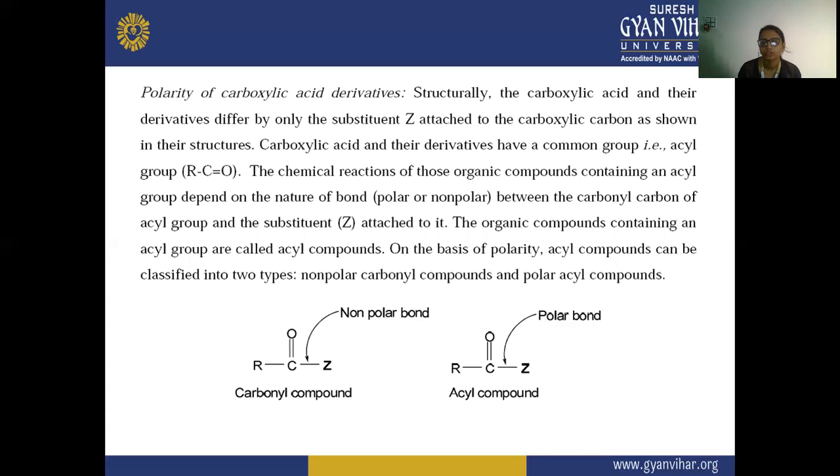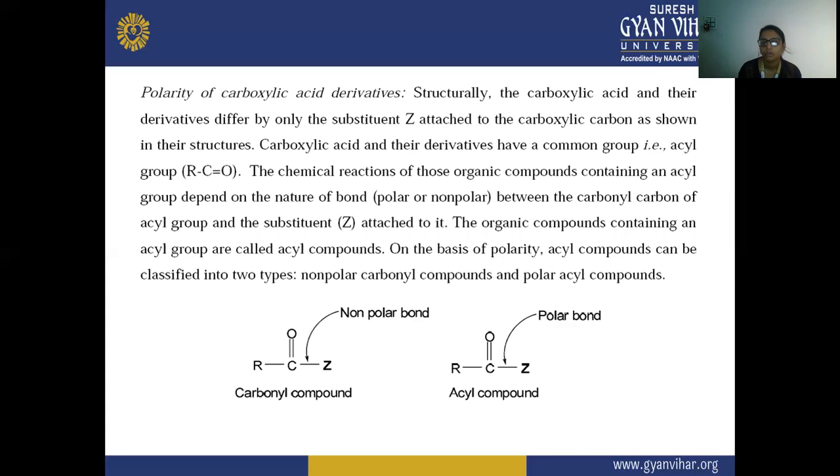The chemical reactions of those organic compounds containing an acyl group depend upon the nature of the bond. All the organic compounds containing this carbonyl carbon, or you can say the acyl group RCO part, depend on the nature of the bond attached to the substituent.